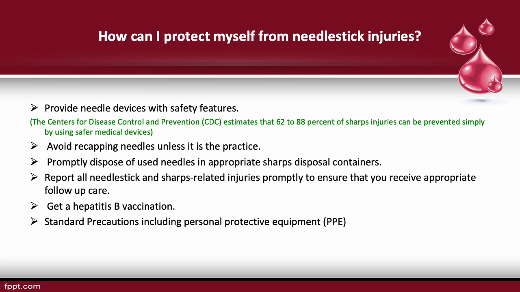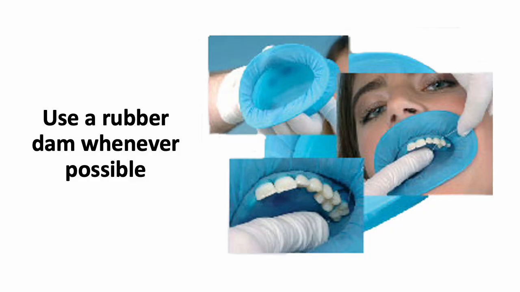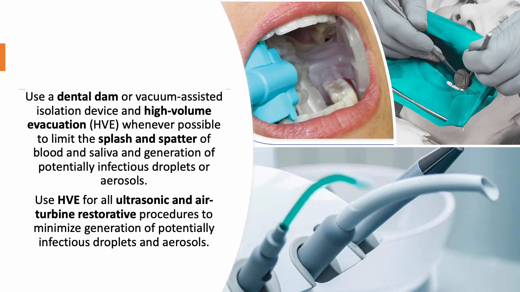At the end, you must follow the standard precautions, including the PPE. You must use a rubber dam whenever possible to protect the patient and the dental healthcare personnel and their environment.